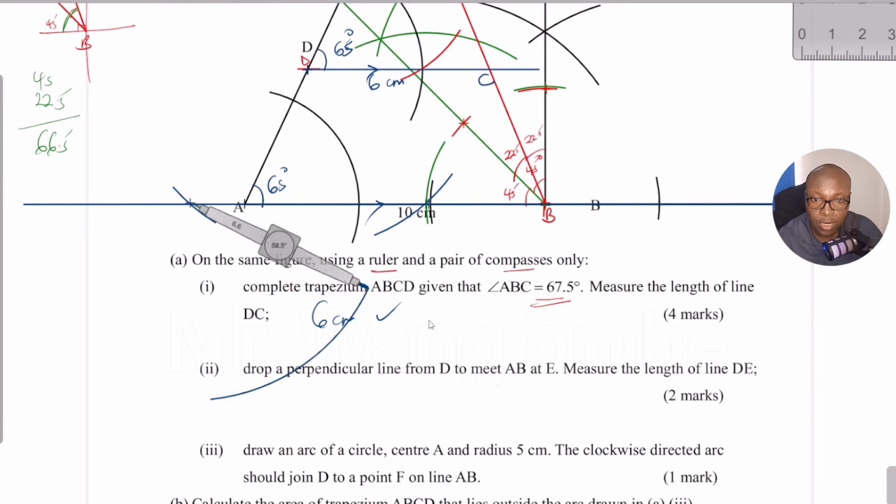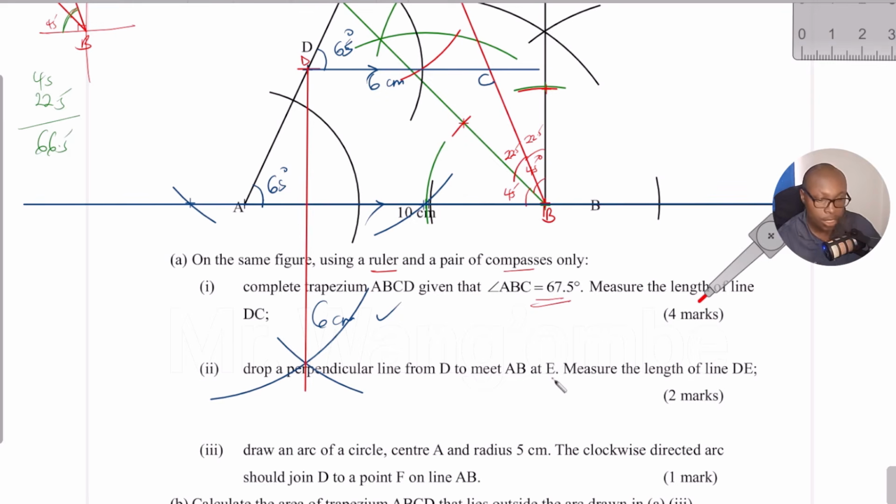Then mark an arc there. Then on the other arc that you made, you cut that arc. Then using a ruler, join D to the point of intersection of the arcs, and that line is supposed to meet AB at E. So this point here is E, and this is supposed to be 90 degrees.